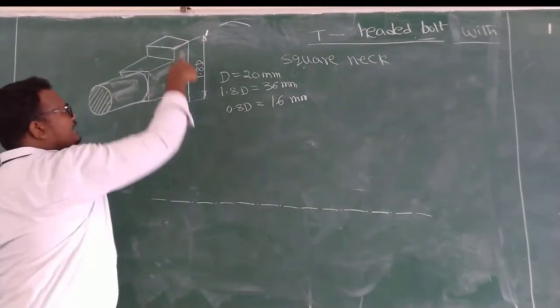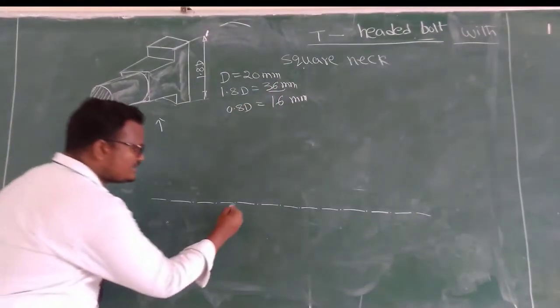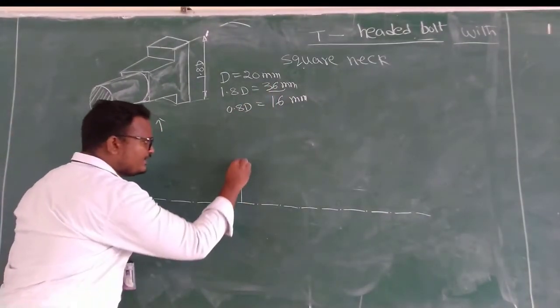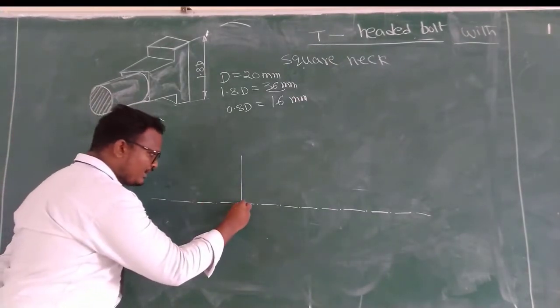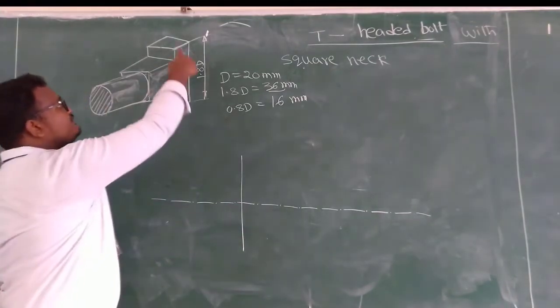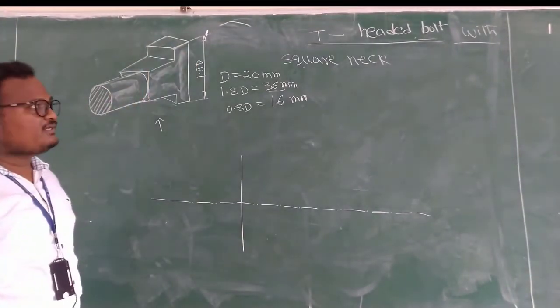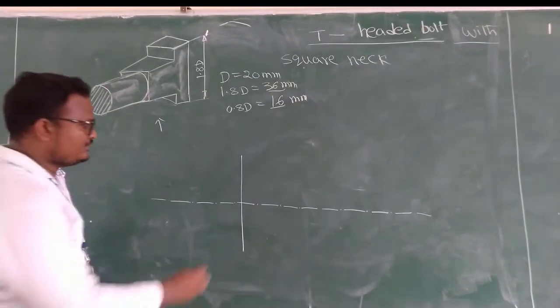The height of the head is 1.8 into D, that is 36 mm. Half of the value you have to take above, and half of the value below. What is the width of the head? 0.8 D, that is 16 mm only.